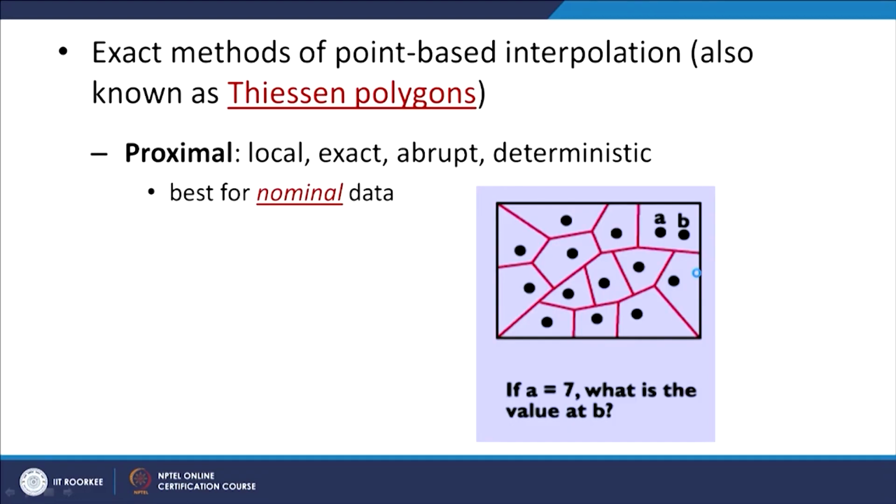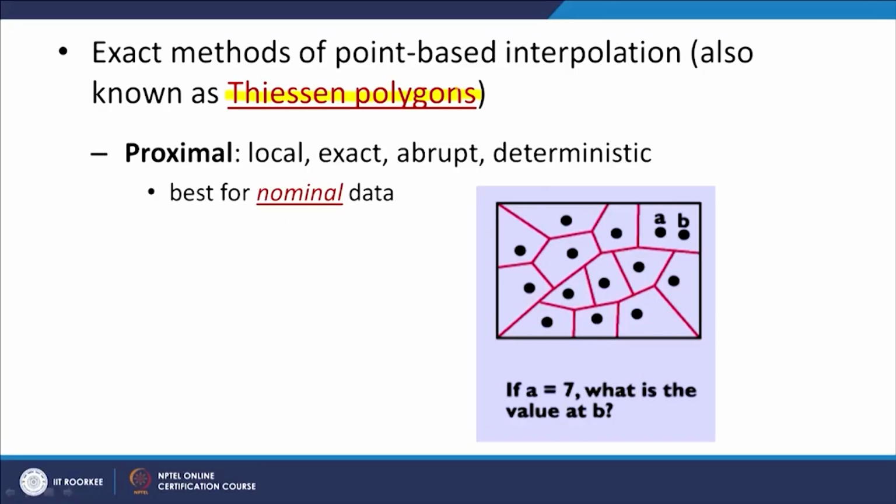Now when I go for an exact method, the most popular when we did not have GIS software, it was very common for geohydrologists or hydrologists to go for the Thyssen polygon. Here these are the observations shown as black dots, and keeping the same distance all around, a polygon used to be drawn like that. So basically this point represents the centroid of each polygon.